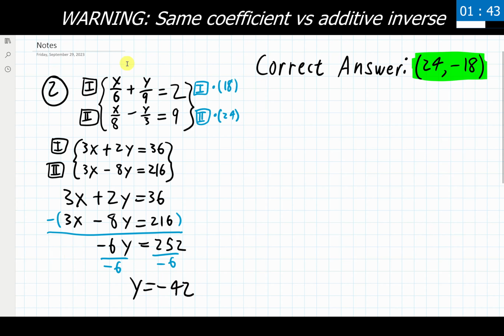So what actually happens, to do this properly, is that this negative sign distributes through to everything in the second equation. So this 3x is actually a negative 3x. The minus 8y becomes plus 8y, and the 216 would actually be a negative 216 here, and then you can combine these things together vertically.